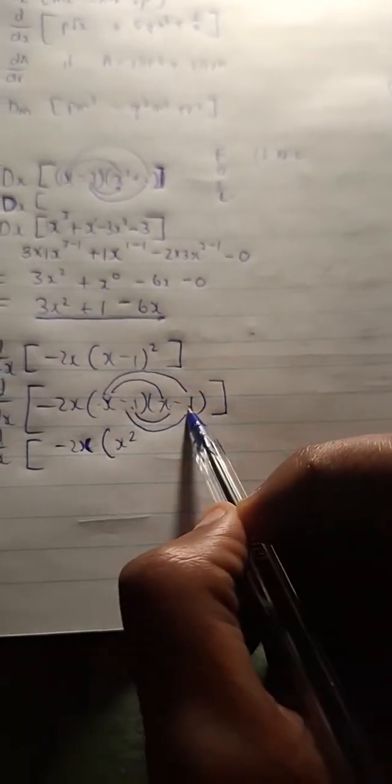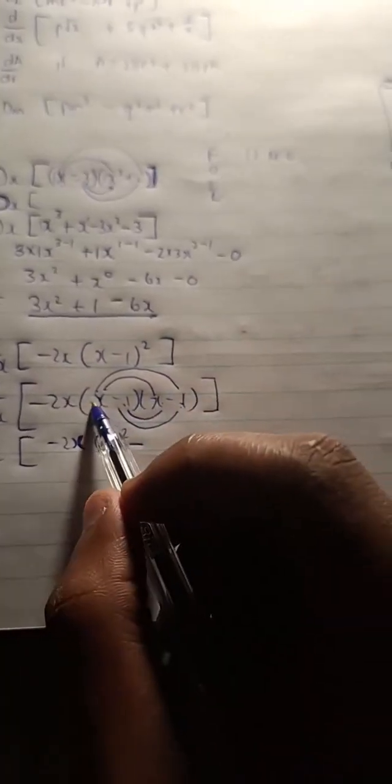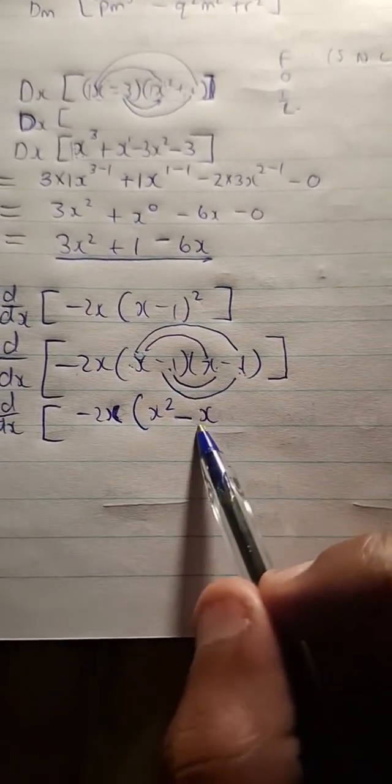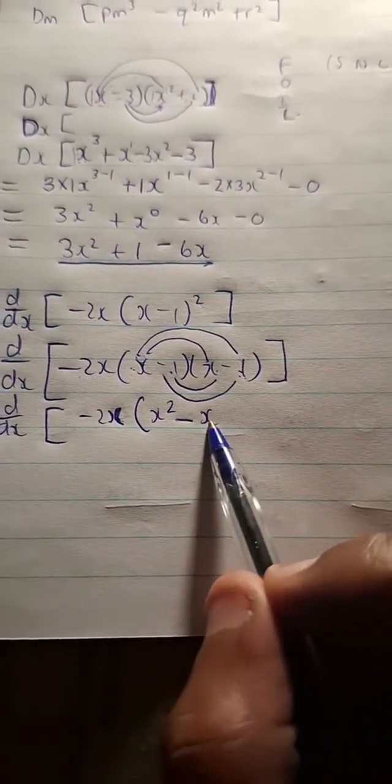So x times x is x squared. X times negative 1, remember this is a positive times a negative, we get a negative. 1 times 1, we still get 1, and then the x. Remember there's a 1 there, even though it's invisible. That is the coefficient of the x variable here.